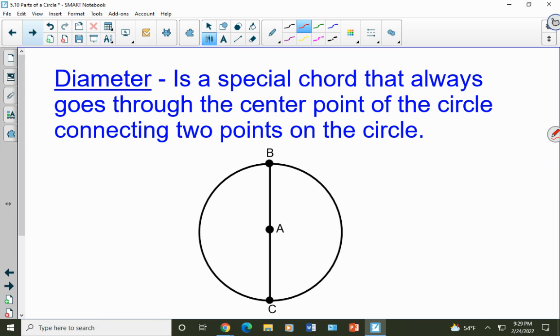We call it a diameter because it goes through the center point of a circle. Now this could also be a chord, but it's not a diameter. Line segment CD would not be a diameter. It would be a chord, but not a diameter because it's not going through the center point. Diameters have to go through the center point. So line segment BC is a diameter.